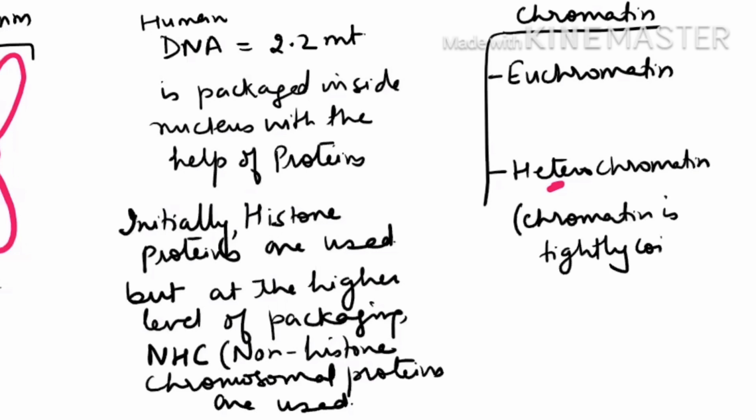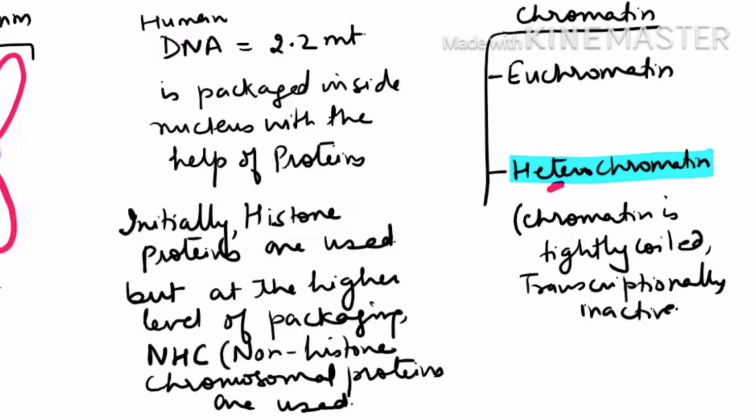When it is tightly coiled, it means transcriptionally inactive. So once you have learned what heterochromatin is, euchromatin you can make it opposite. The euchromatin is the one which is loosely coiled, and it is transcriptionally active.